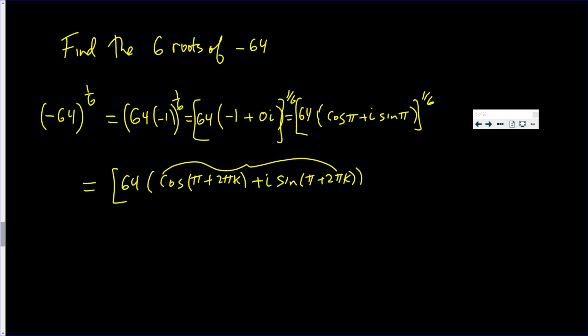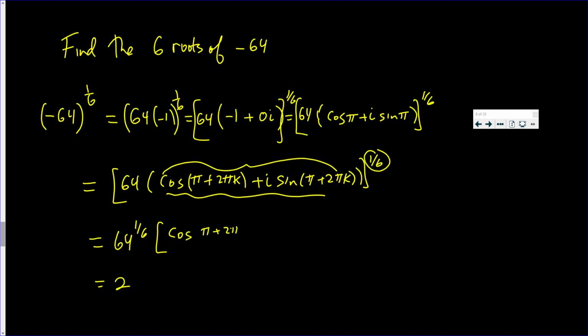Okay, this gets raised to the 1/6 power. So I have 64 to the 1/6, which is 2: 2, 4, 8, 16, 32, 64. And the angle gets divided by 6. So cosine of pi plus 2 pi k over 6 plus i times sine of pi plus 2 pi k over 6. And this is for k in the integers.